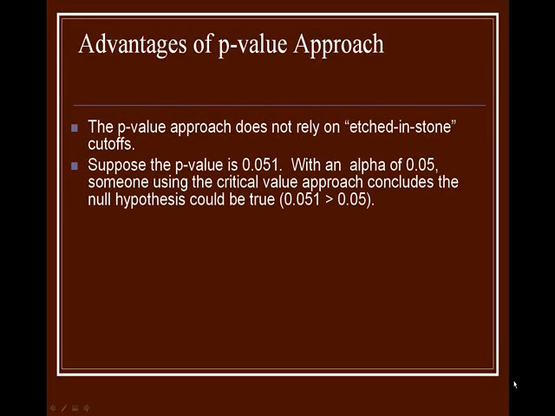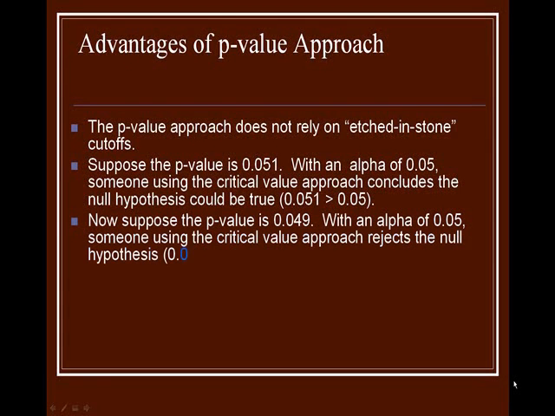You'll see when compared to the critical value approach, if we had a p-value of 0.051, we would fail to reject H0. We wouldn't note the fact that that's really close to our cutoff. So reporting the p-value gives us not just a reject or a fail to reject, but an exact probability that we can then make sense of on our own.